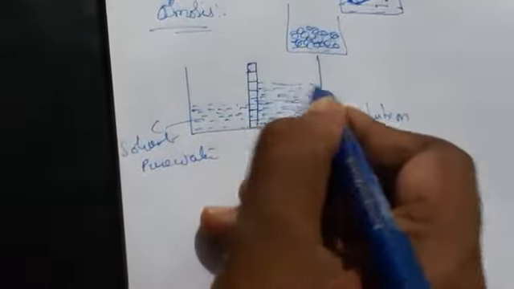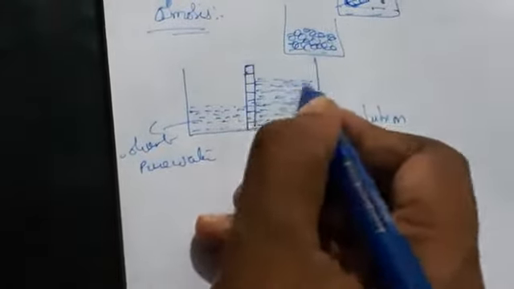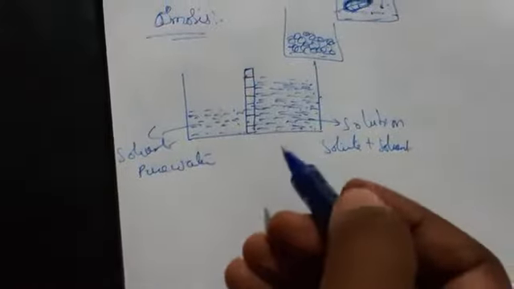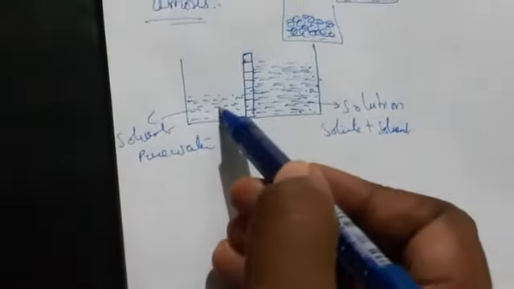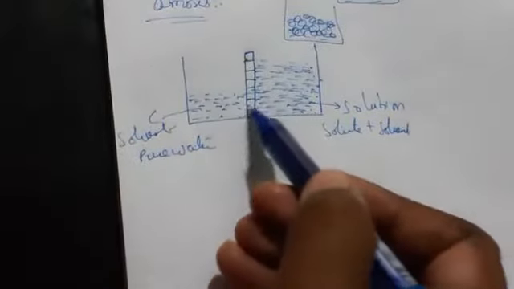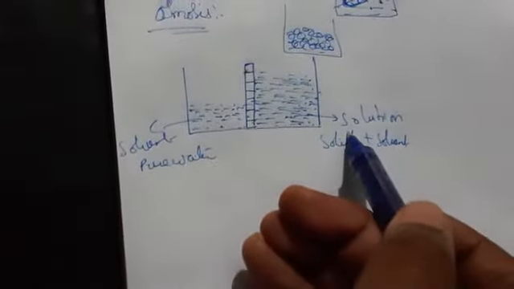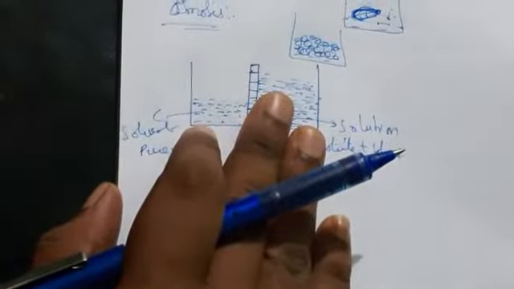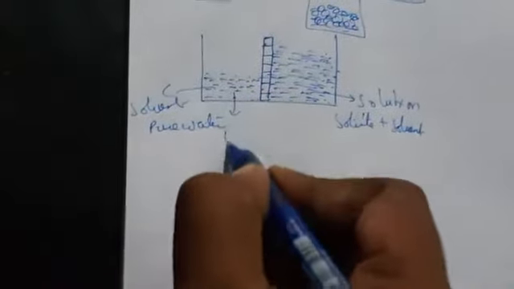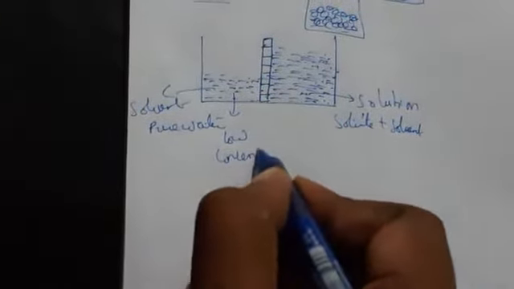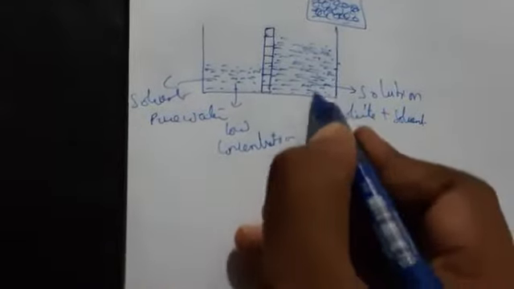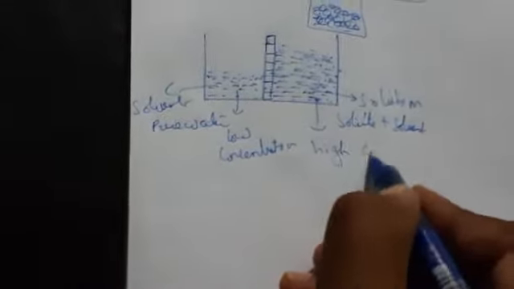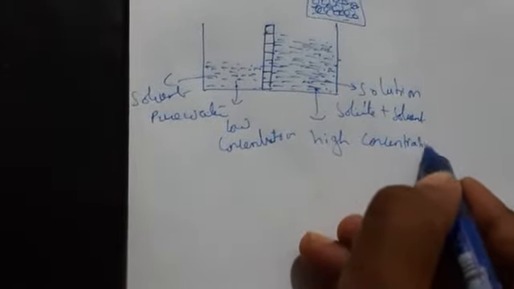There will be an increase in the solution. The solvent, water, is flowing through the semi-permeable membrane to the solution, so the flow is increasing. This we call osmosis, right? Pure water will always have low concentration, and the solution will have high concentration.